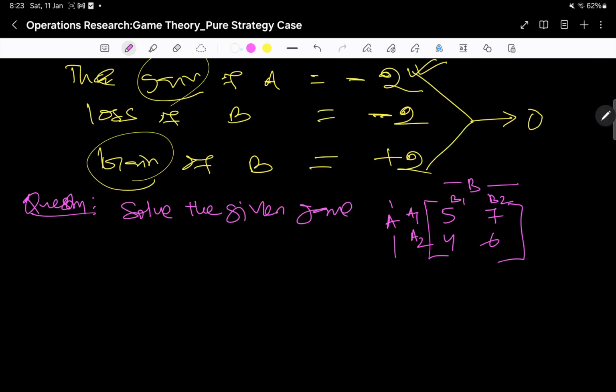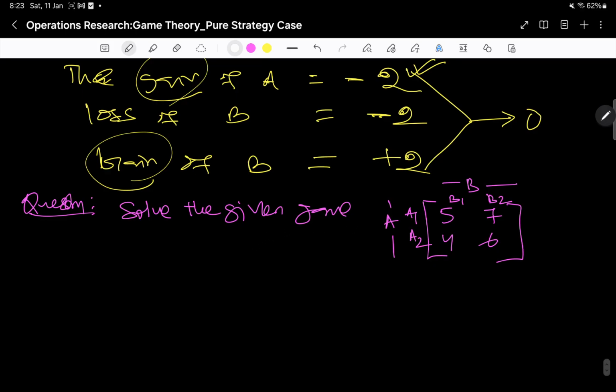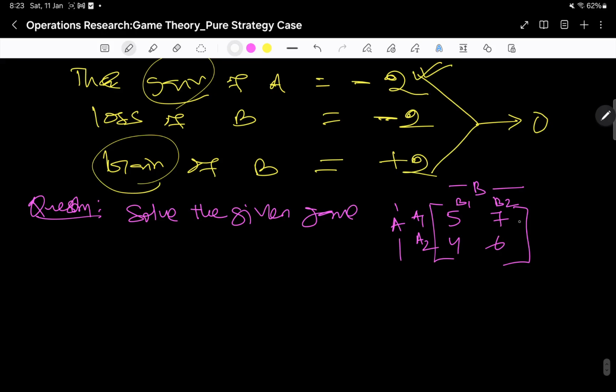Coming to one short question: solve the following game. Solving the game means, you see here, the row minima is 5, I mark it star. The row minima is 4, I mark it star. Then what is my column maxima? Here the column maxima is 5, and here the column maxima is 7.